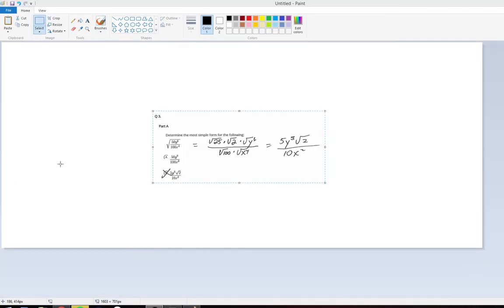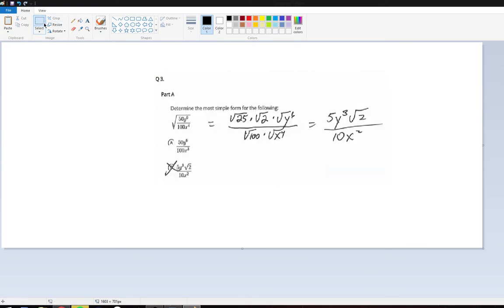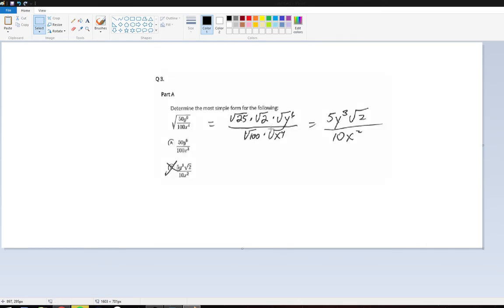So number 3 is a box of fun things, and it's pretty simple once you understand how to do it. Because you're radicalizing exponents, you can pretty much just halve them. Like in the end result, it goes from 6 to 3 and 4 to 2, and then you can simplify the numbers.